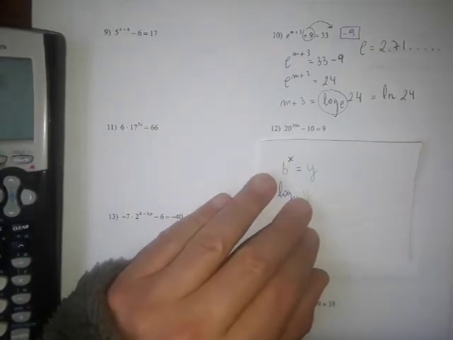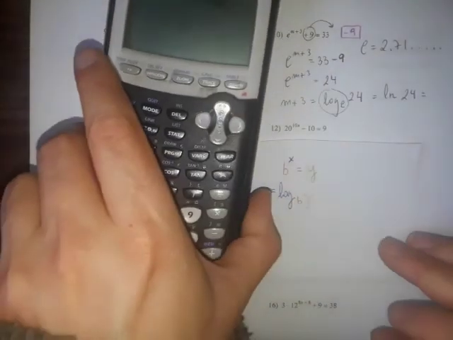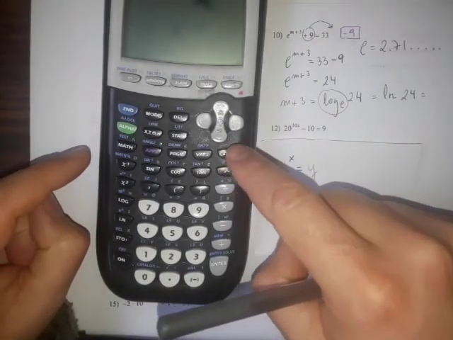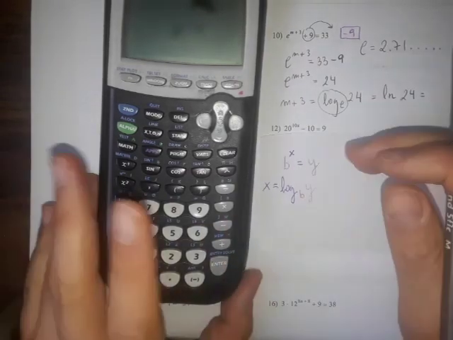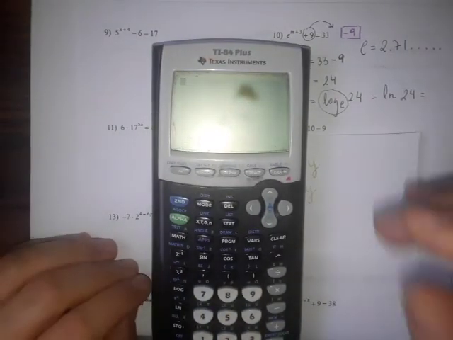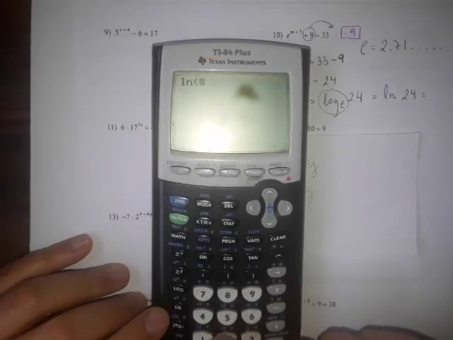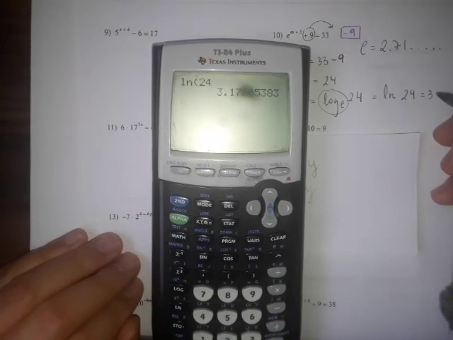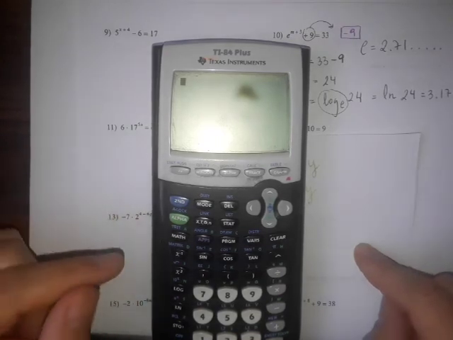So that means that when we're solving this equation, we have two choices. We can go directly for natural log, which is here, right? Natural log of 24, which is 3.17. Or we can also just do the classic way we have been doing before.